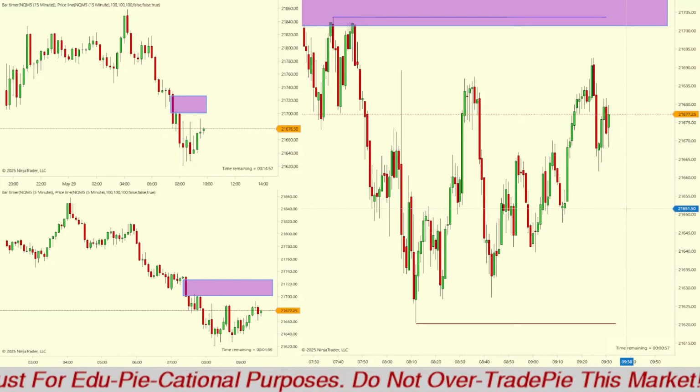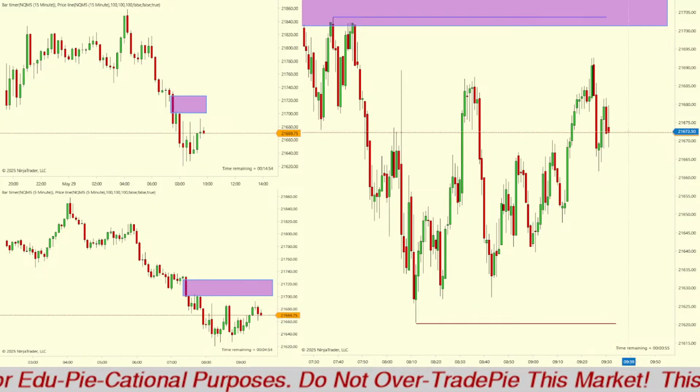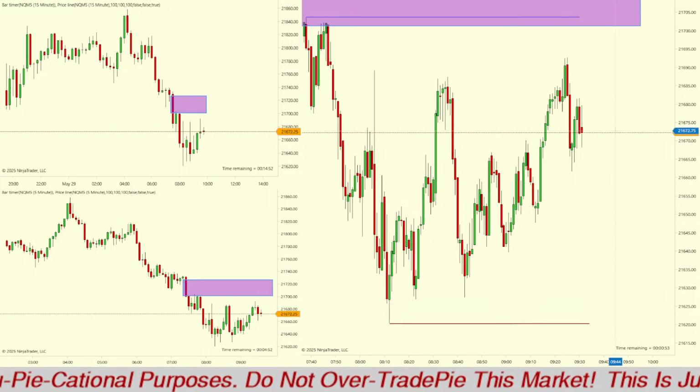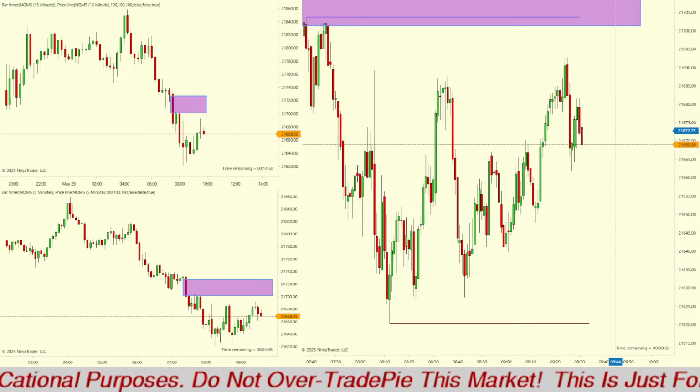Okay, now we have the market open over here. Let's wait for the first presented fair value gap to be formed.